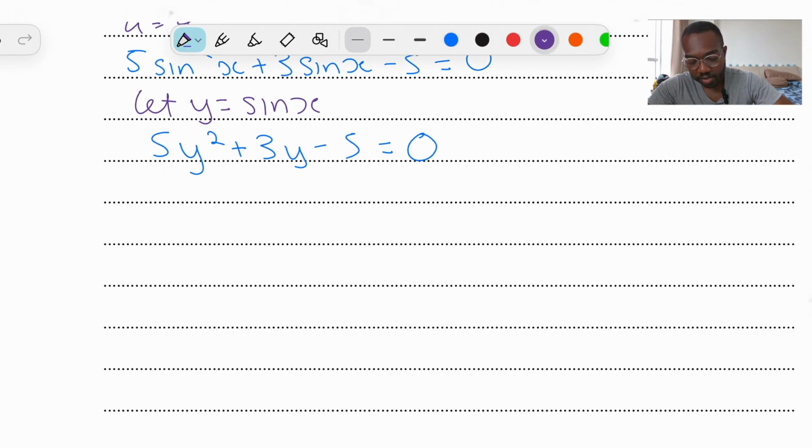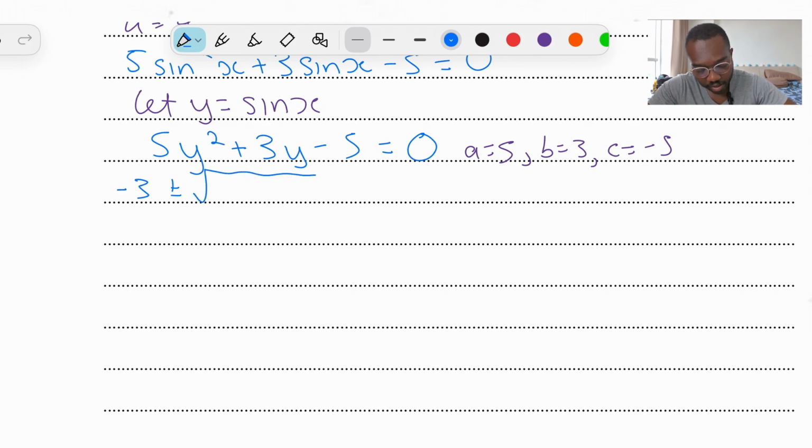So in this case, we would have that a is equal to 5, b is equal to 3, and c is equal to minus 5. So we get minus b, so we get minus 3 plus or minus the square root of b squared, which is 9, minus 4ac. So that's 4 times 5 times minus 5.